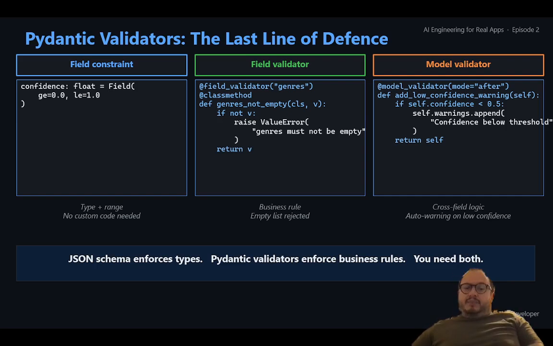That is where Pydantic field validators and model validators come in. We add three validators to the enrichment response. First, confidence must be between 0 and 1, handled by the field GE and LE constraints. No custom code needed, as you see here. Second, if confidence is below 0.5, a warning must be appended automatically, handled by a model validator that runs after model construction and adds a low confidence warning if the field is missing.